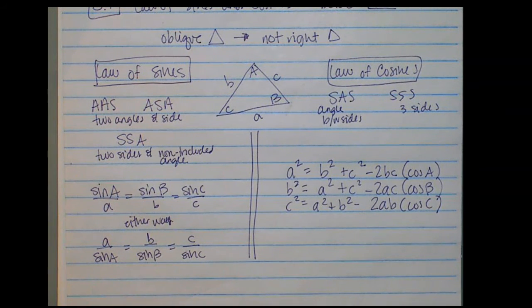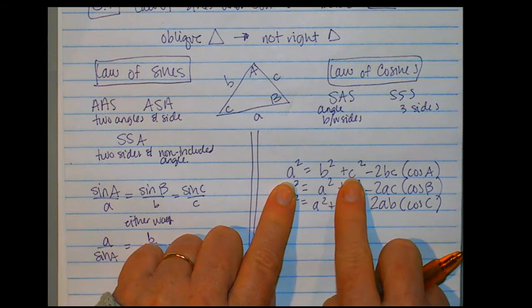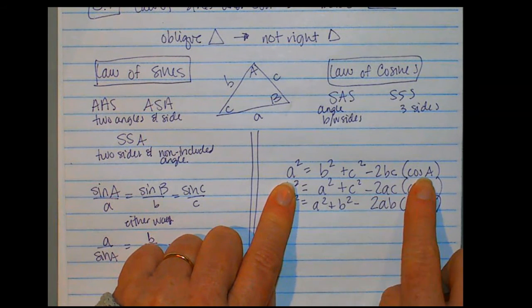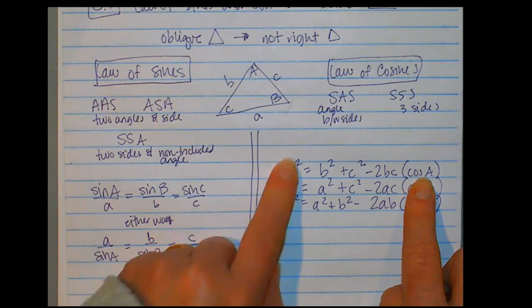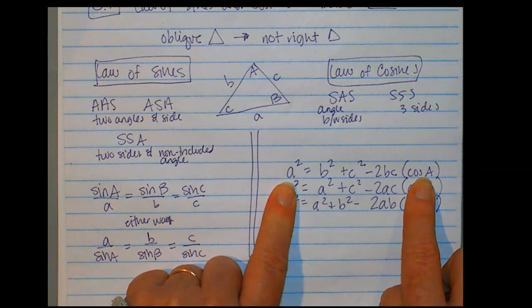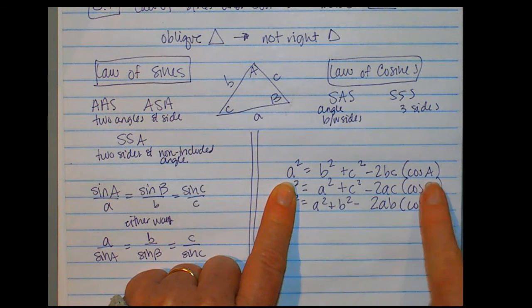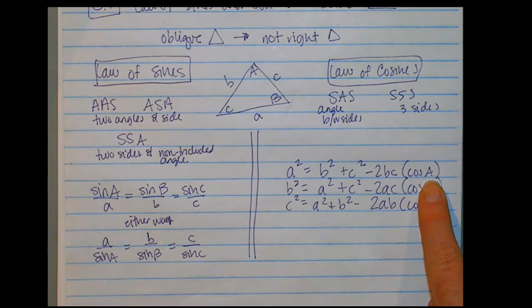So we've got a squared equals b squared plus c squared, and then this takes care of, oopsies, it's not a right triangle. So whatever side you're looking for with the law of cosines, you're going to have that angle, or you're going to be able to figure that angle out with inverse cosine.